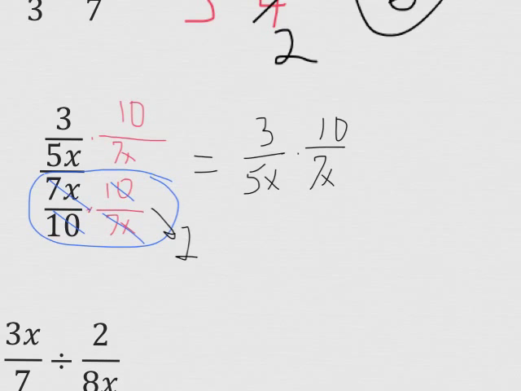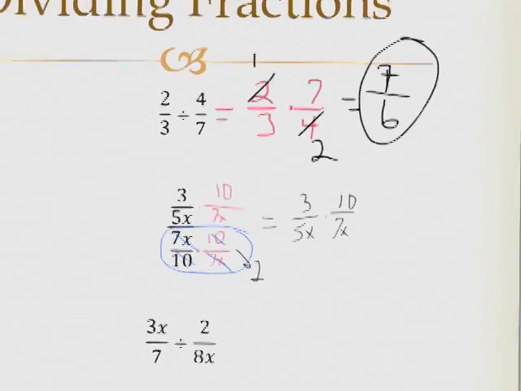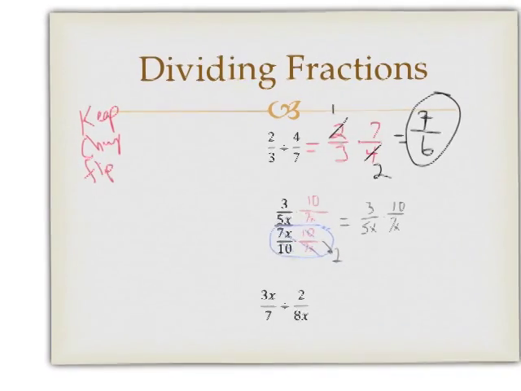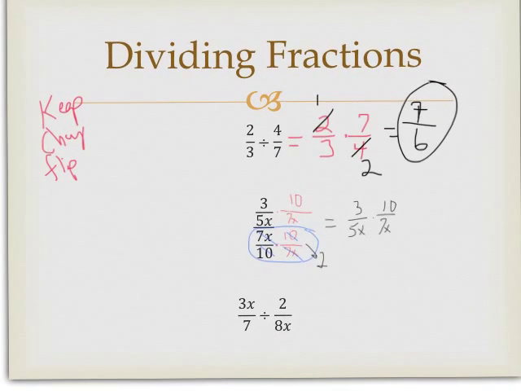And so what we've done, if you haven't noticed already, is that we have basically done what we just did before, which is we have changed this from a division problem to multiplication, and we've gone from dividing by 7x over 10 to multiplying by 10 over 7x. So we've done that keep, change, flip thing again, just looking at it a slightly different way. And we still get to our answer by multiplying across. So 3 times 10 is 30, 5 times 7 is 35, x times x is x squared. And we're good to go from there.